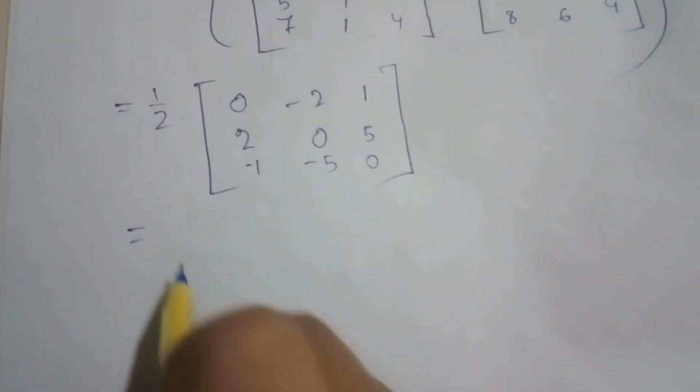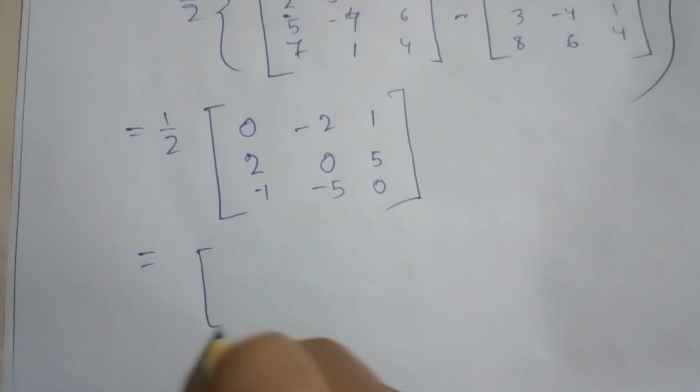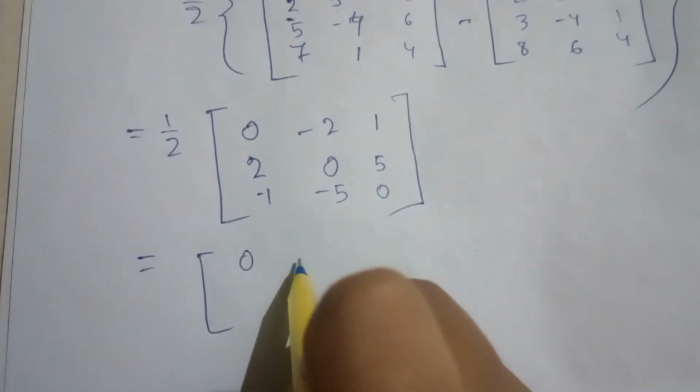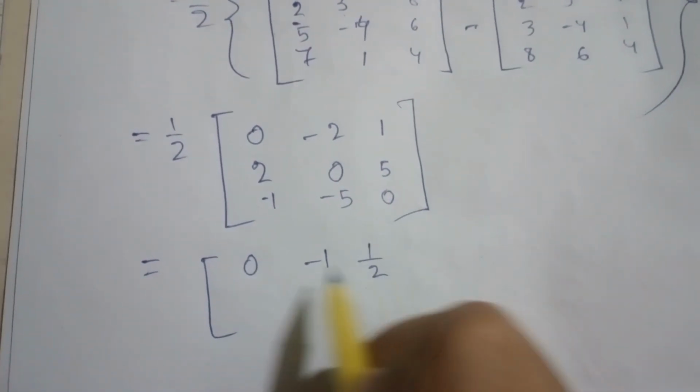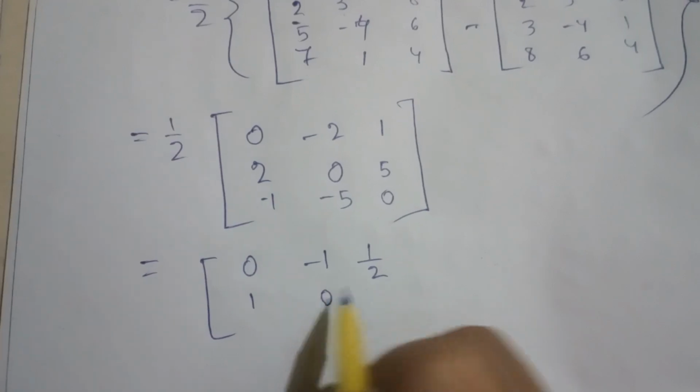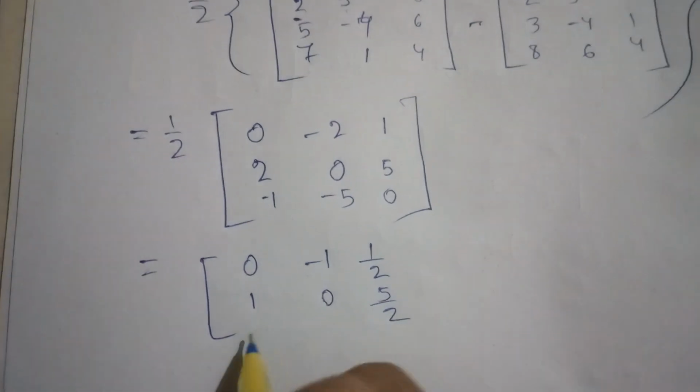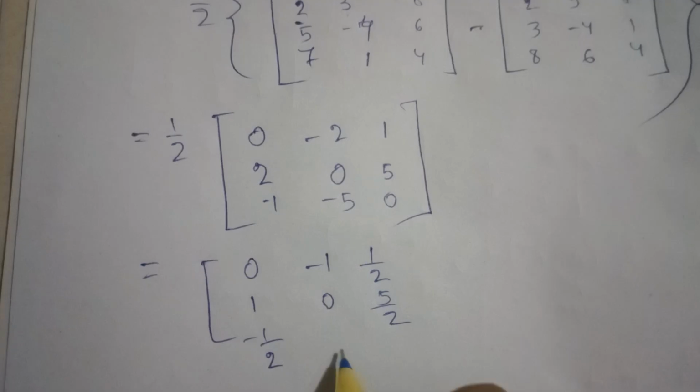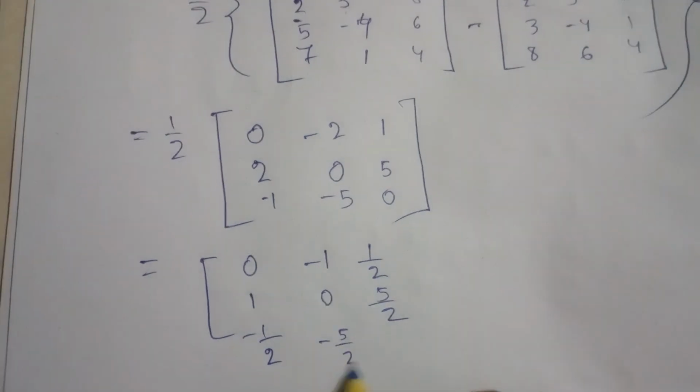Then multiply by half: 0, 1, -1/2; -1, 0, -5/2; 1/2, 5/2, 0.